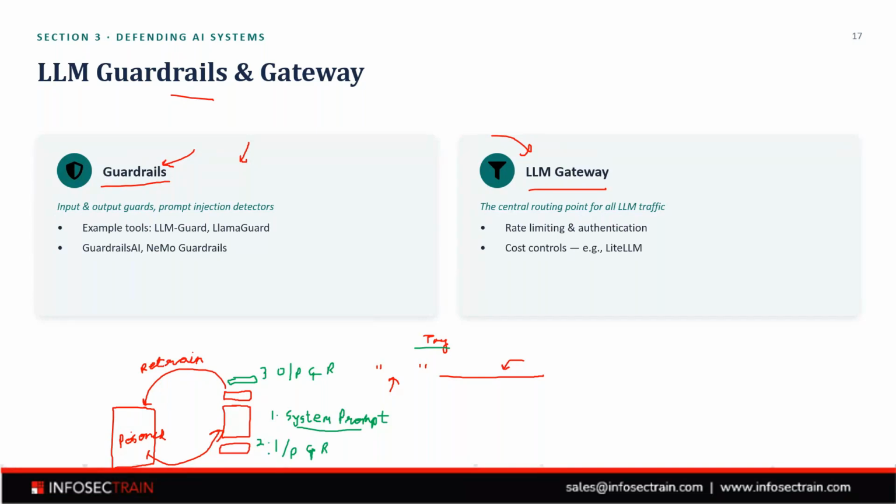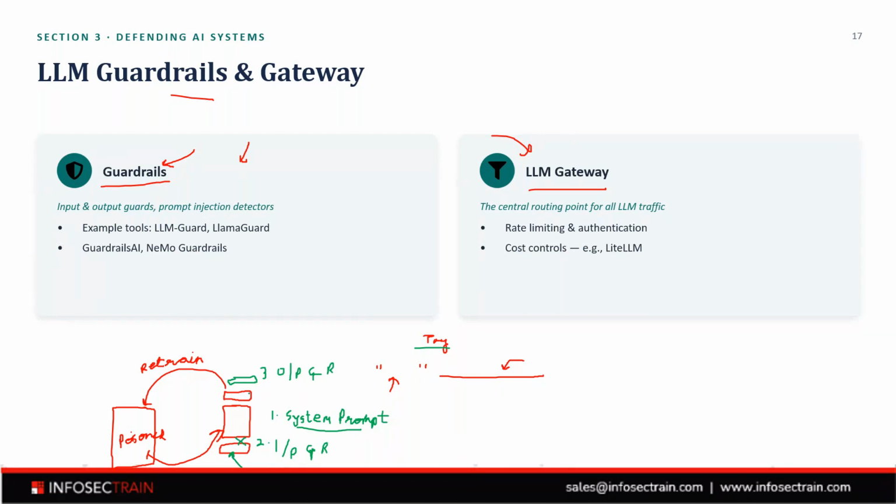Is there any intellectual property there? Is there any keyword that you shouldn't be talking about? Is there any banned topic? Is there any prompt injection attempt? All that will be checked on the input side. If it is present, then it will be blocked right there itself. It will never be sent to the model.